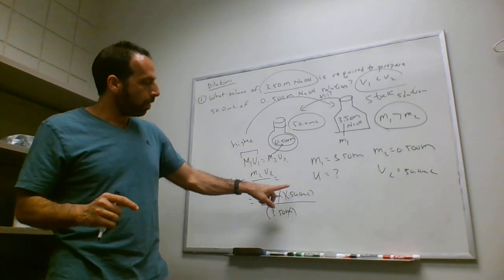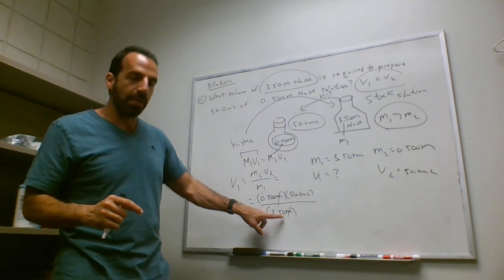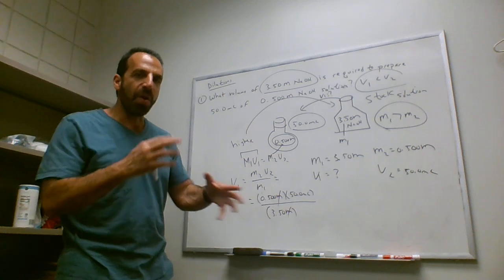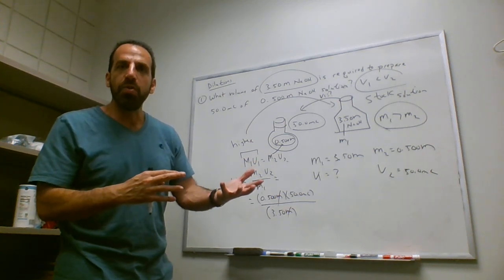Let's just plug everything in. So 0.5 molar times 50 milliliters divided by 3.5. Notice that your molarity cancels out, so you don't have to convert that volume to liters.